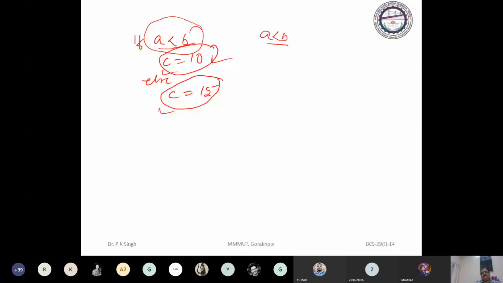Otherwise, its value will be 15. So the execution of this as well as this is dependent on this. This is called a control structure.